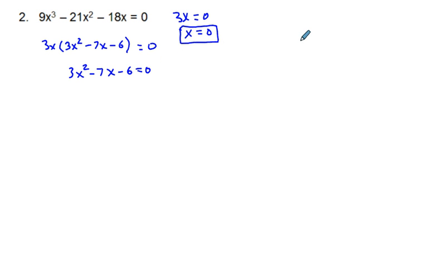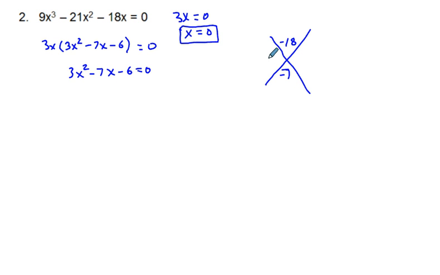And we go ahead and use our bottoms up arrangement here. 3 times negative 6, that's going to be negative 18. B is negative 7. What two numbers are we working with here that multiply together to equal negative 18, but when added together equal negative 7?